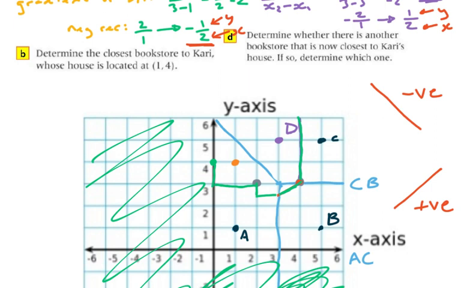So now let's try to draw it in. So we're starting from here and we're going to go to our midpoint. We'll go past the midpoint and then we would go, just a quick reminder, across 2, up 1 with a negative gradient. And that green line now represents our new area that we found.